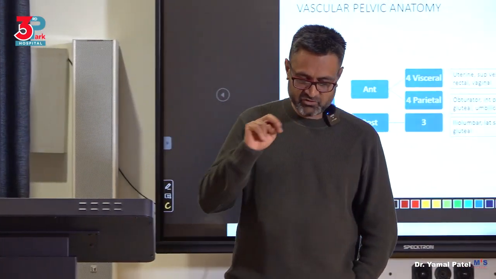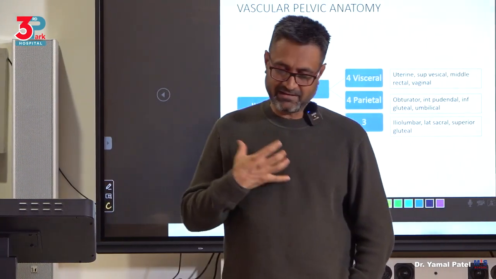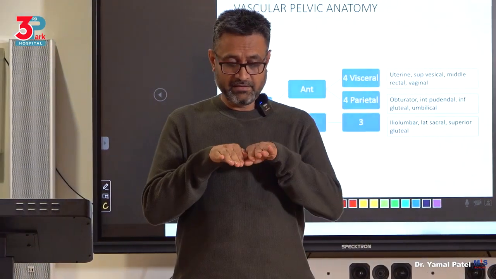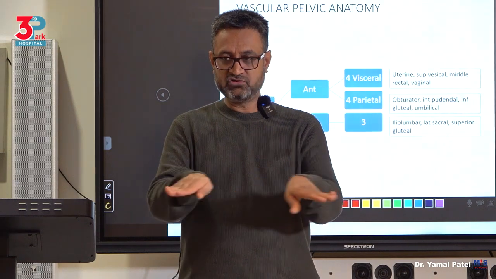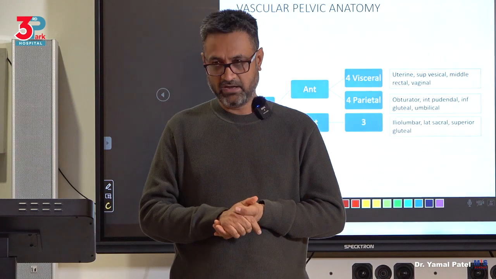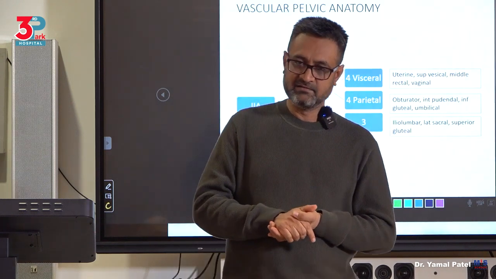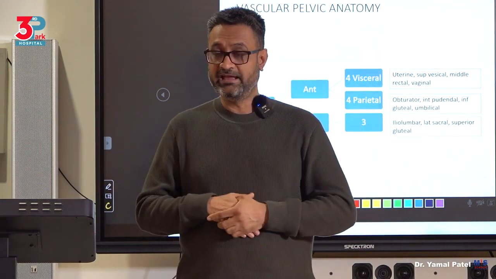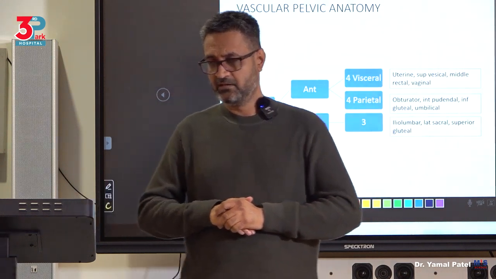Vascular. So in vascular we have two major vessels that are important to us in the pelvis. So aorta breaks into two, the two common iliacs, okay? The two common iliacs break into the external and the internal iliac.